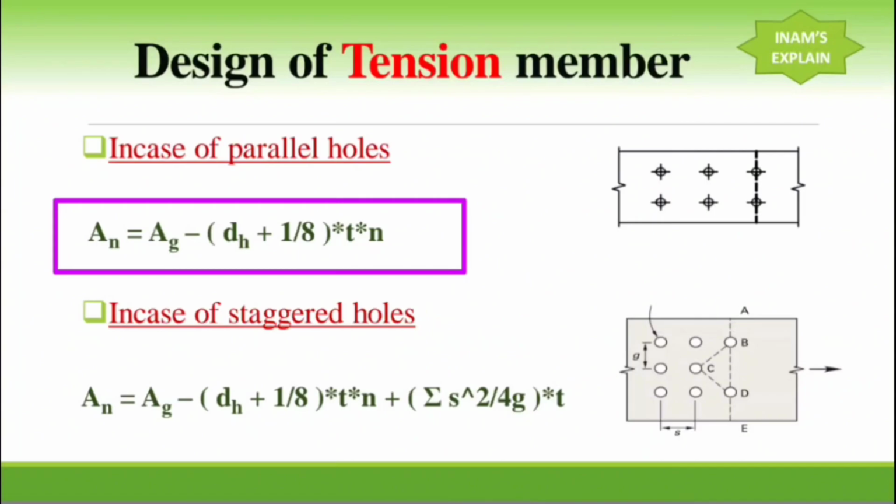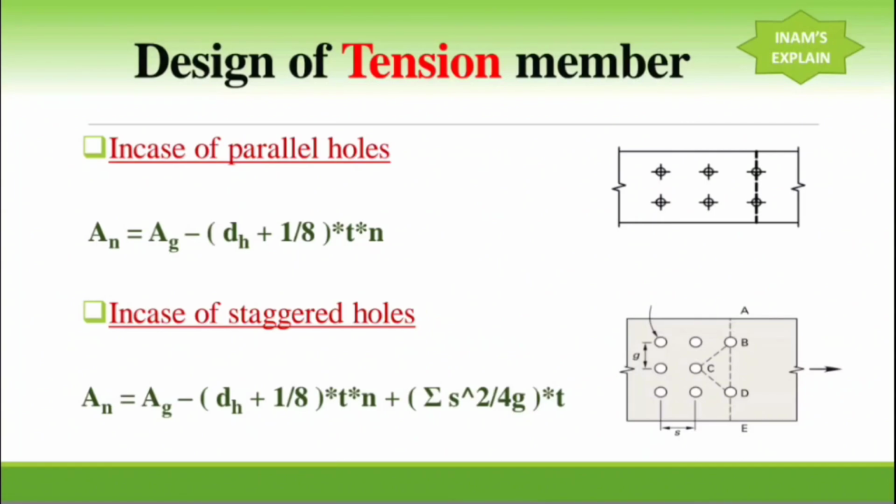Remember this: in case of staggered holes, two additional factors will be added, the staggered length and the gauge length. What is the staggered length? The center to center distance between two nearest holes is called the staggered distance, and g is the gauge length.